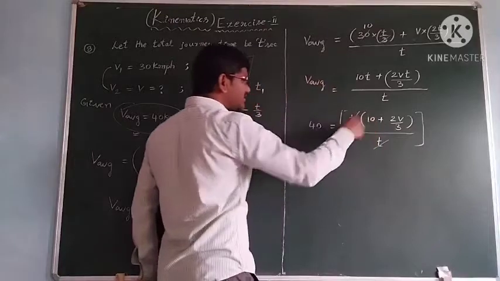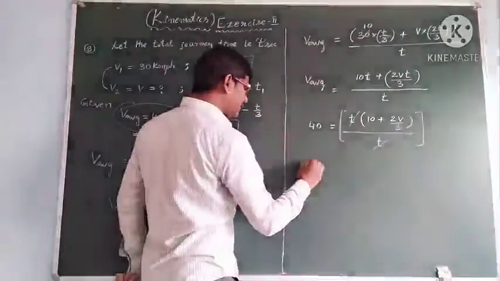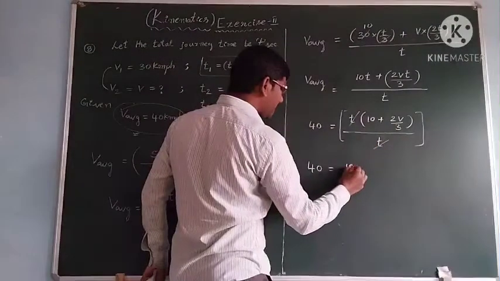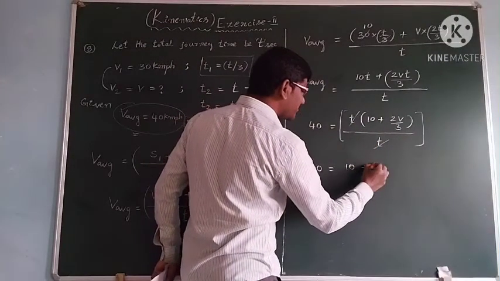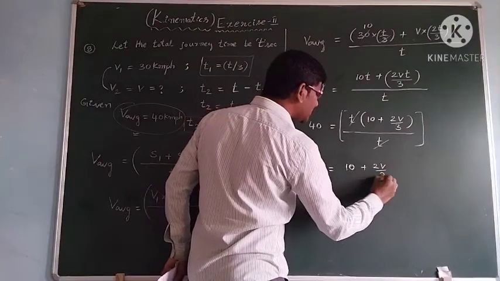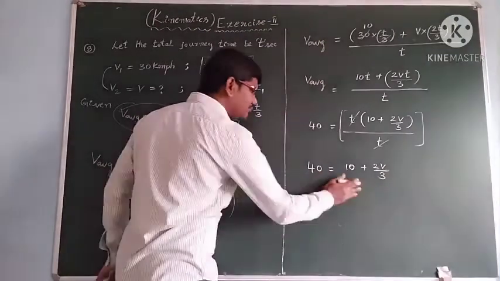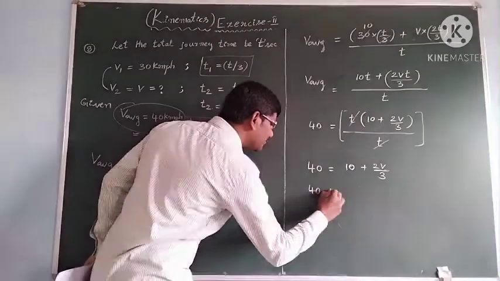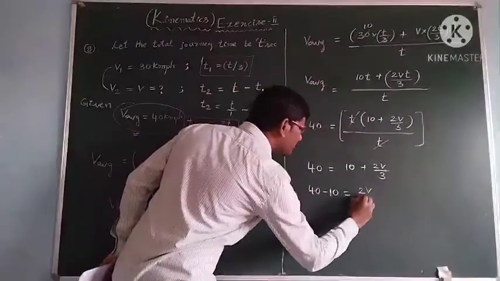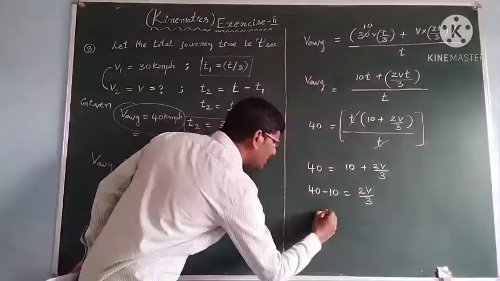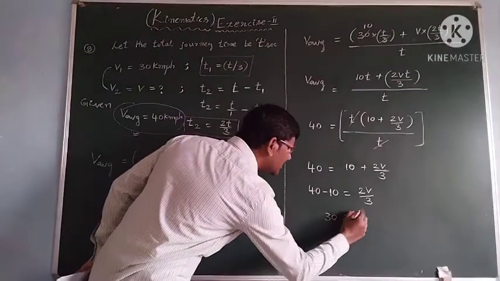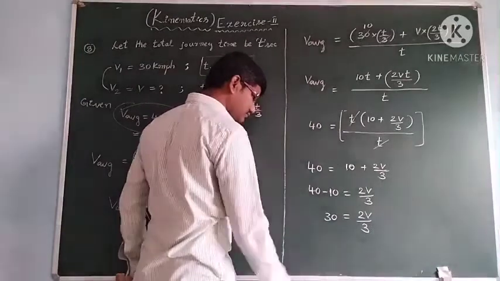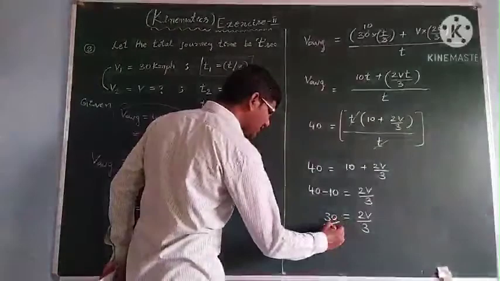Now cancel T and T. Then 40 is equal to 10 plus 2V by 3. Bring the 10 to this side. So 40 minus 10 is equal to 2V by 3. 40 minus 10 means 30, so 30 is equal to 2V by 3. Students, this 30 has denominator 1.